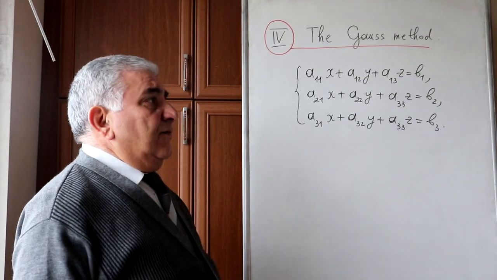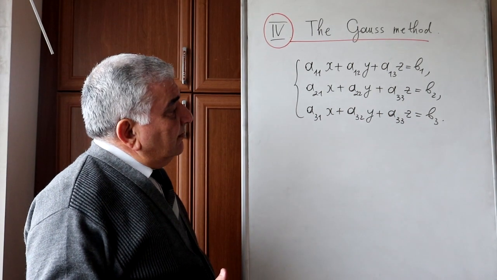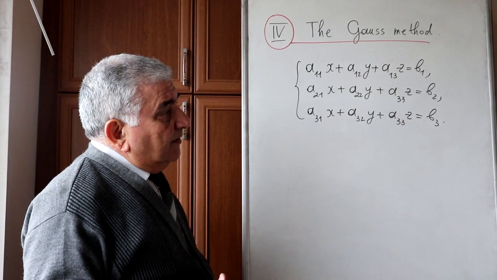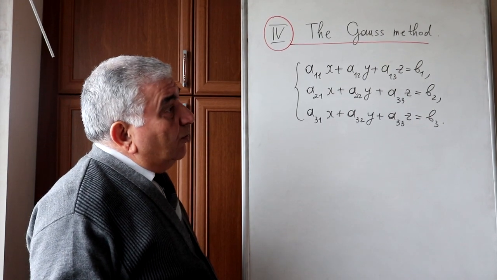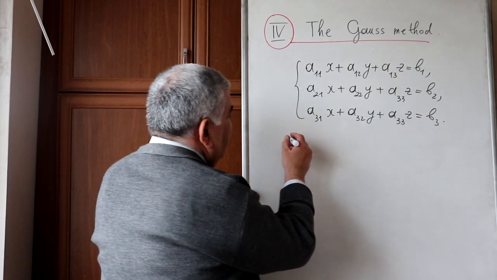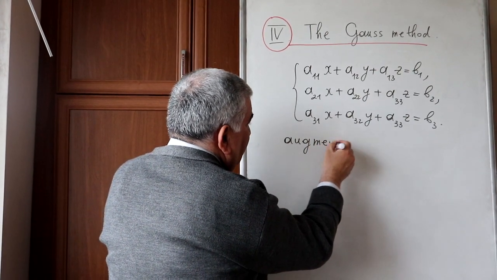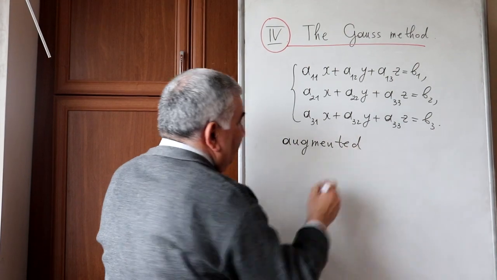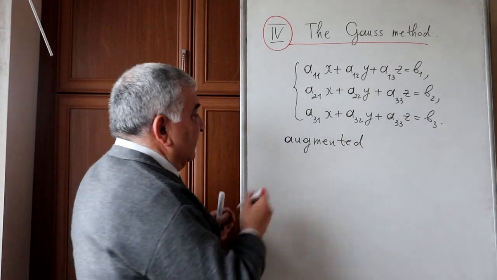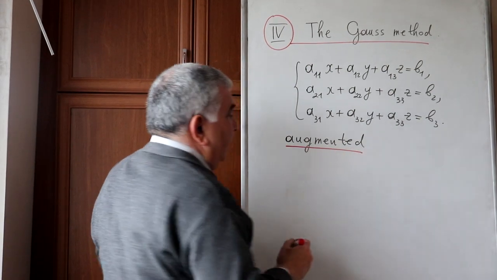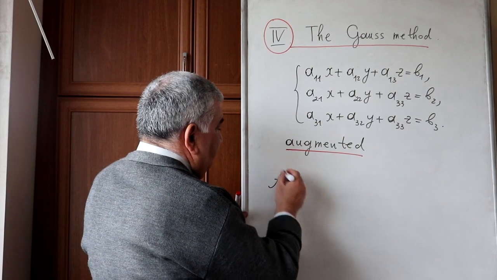Here the following matrices will be used. The augmented matrix, that is genişlendirilmiş matris, расширенная матрица, augmented matrix, denoted A with line.